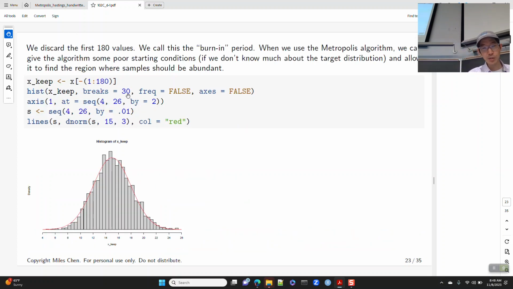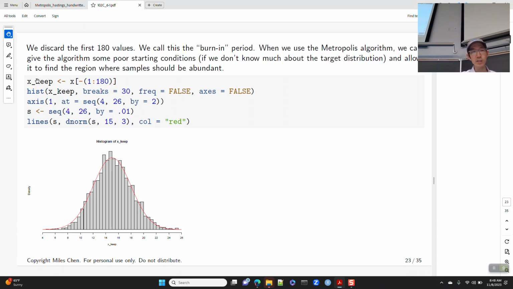So here I went ahead and discarded the first 180 values, again, the burn-in period. With the Metropolis algorithm, we can give it some poor starting locations, just allow it to run for a while, and then eventually it finds the place where the samples should be abundant.